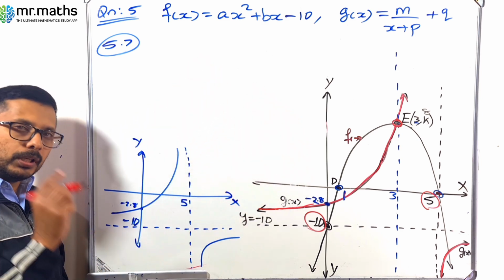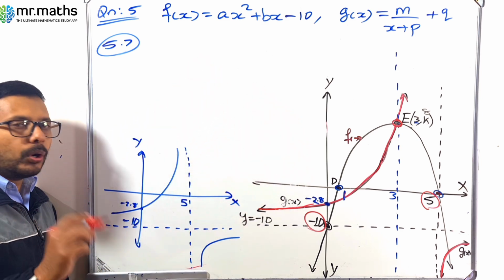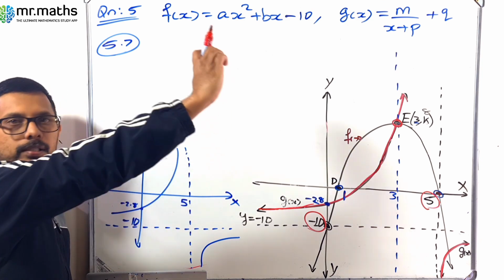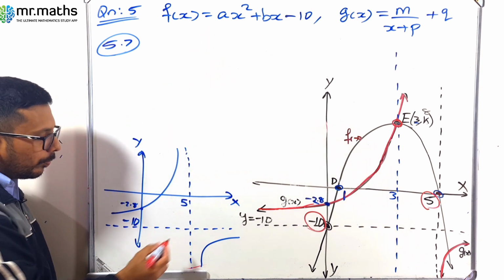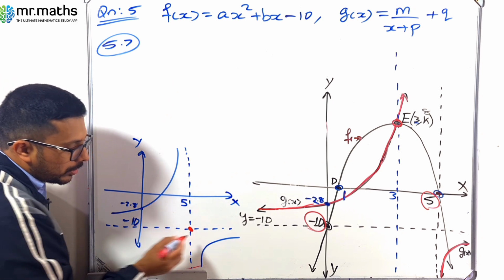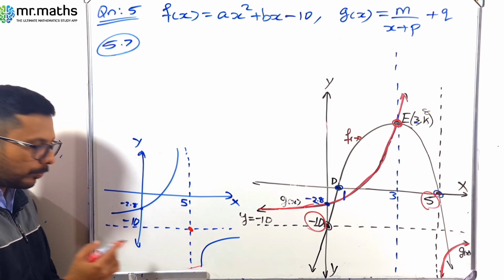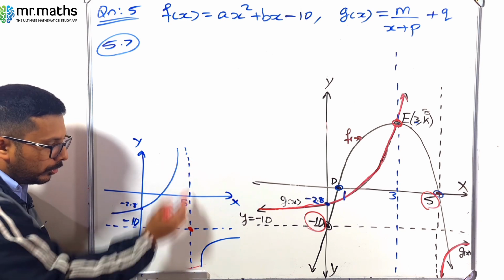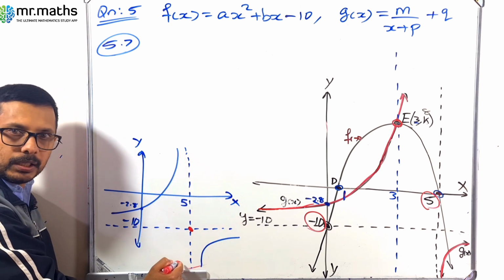Okay, so you have to understand one thing: whether the axis of symmetry is decreasing or increasing doesn't matter, both axes of symmetry will pass through the intersecting point of these asymptotes. This is the intersecting point of this horizontal and vertical asymptote.